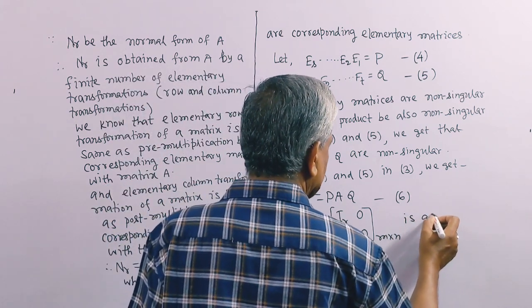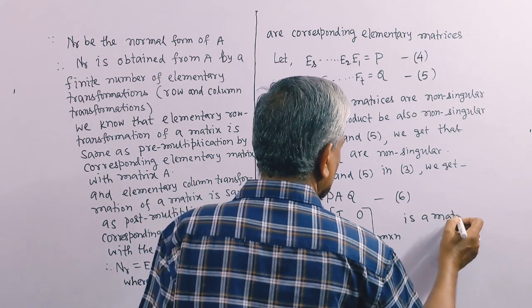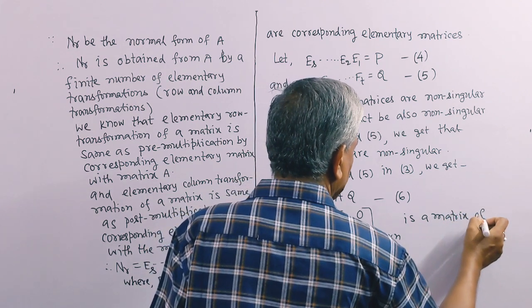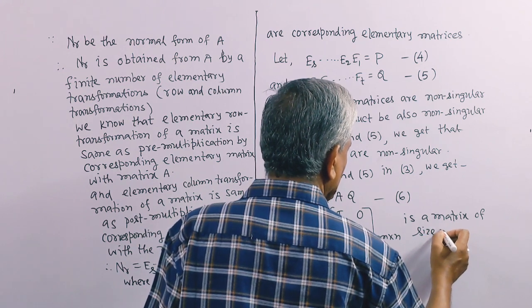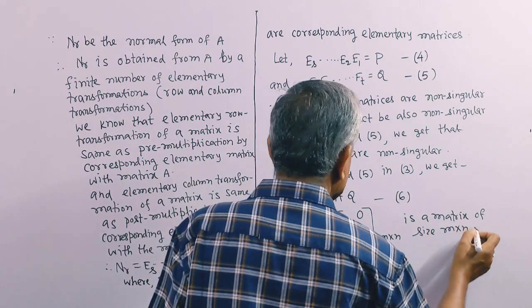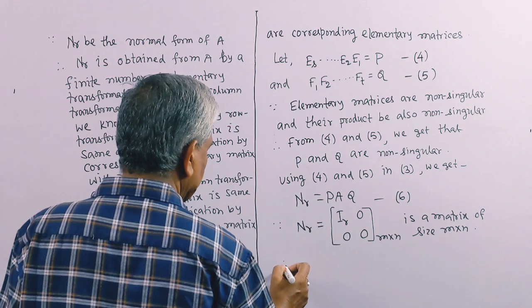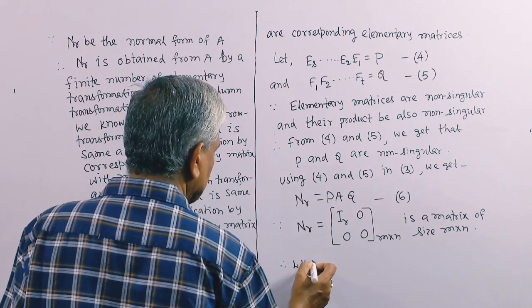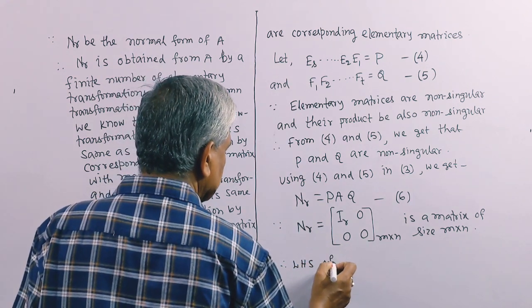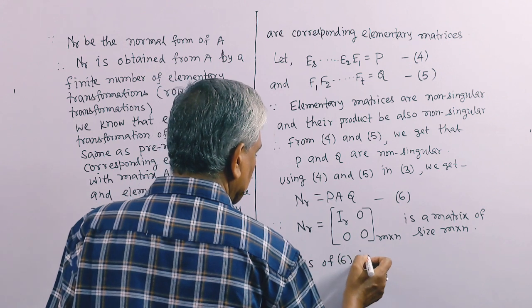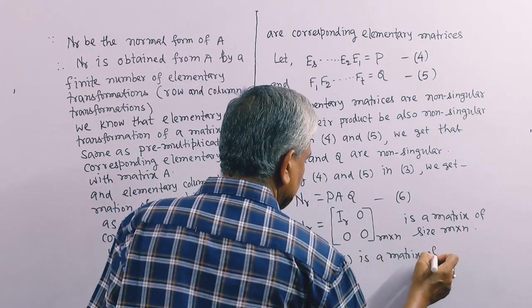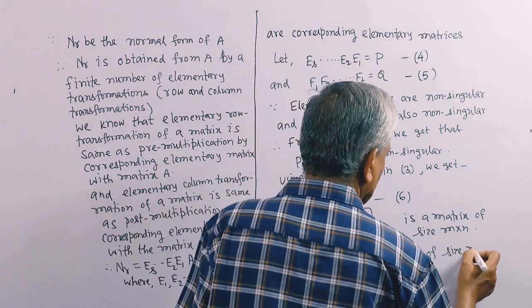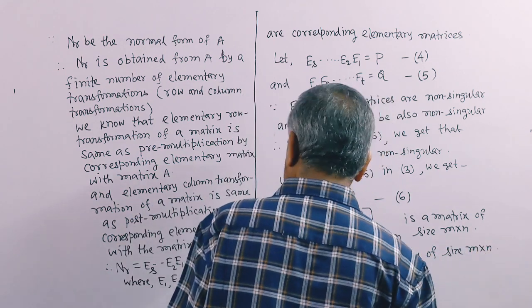Therefore, the left hand side of 6 is a matrix of size m by n.